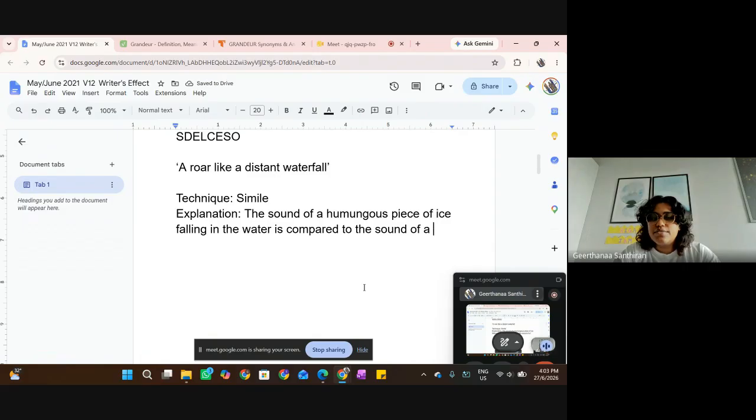I don't want to misrepresent. Like, the layers matter. So then let me think of a synonym for distant and put that in as well to make it more credible, more accurate. Falling in the water is compared to the sound of a faraway waterfall.